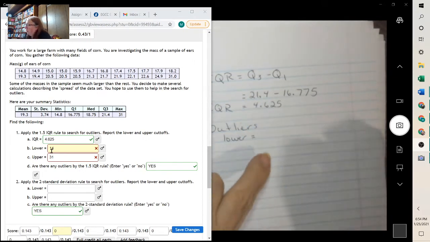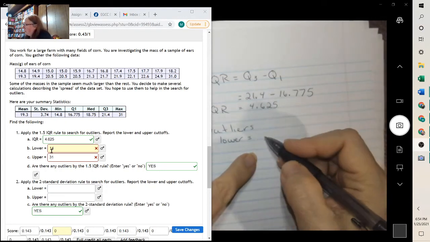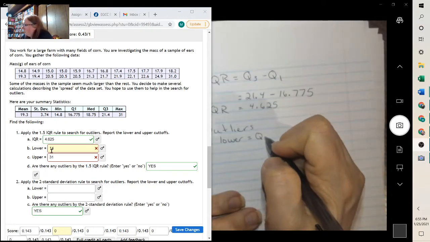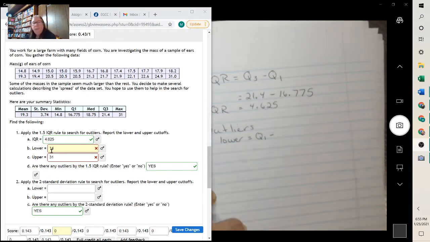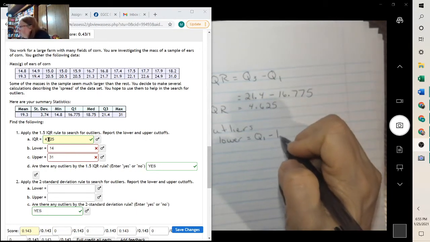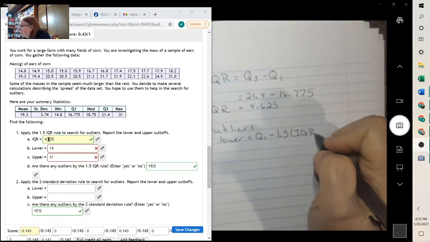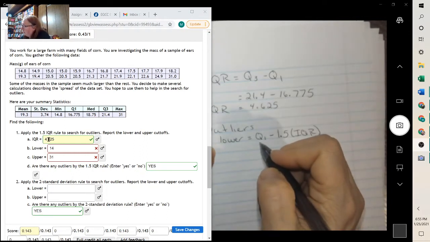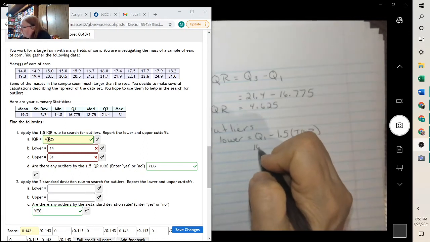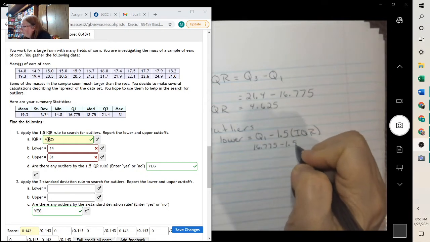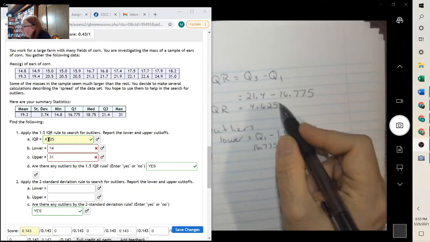So it has to be lower than, when you're talking about lower, you take your lower quartile, so Q1 minus, and it wants us to use the 1.5 rule. It's 1.5 times the inner quartile range. So we take our Q1, 16.775 minus 1.5 times the IQR.